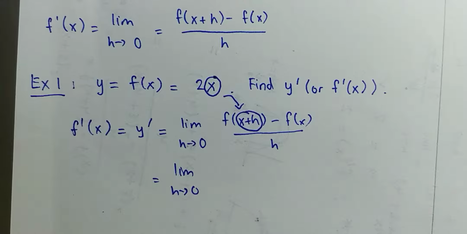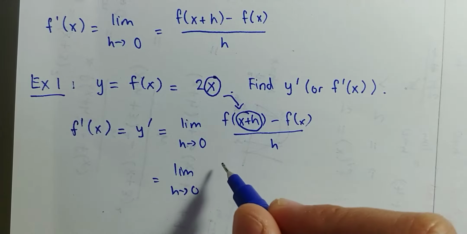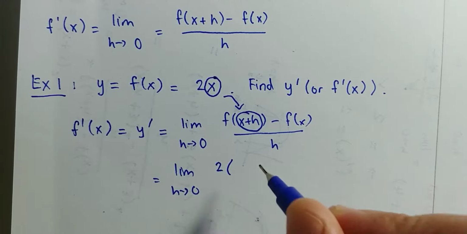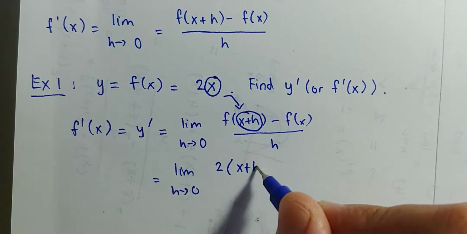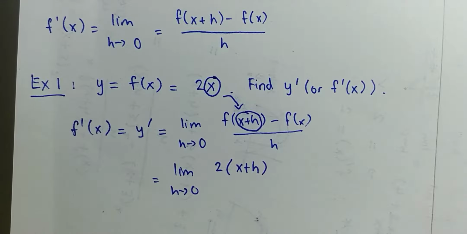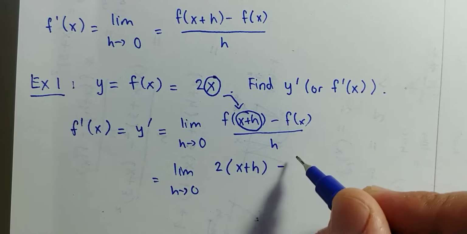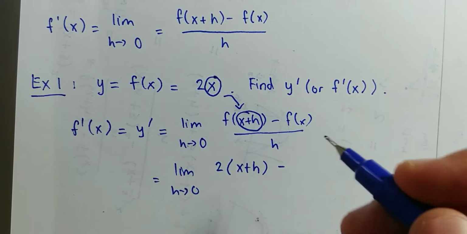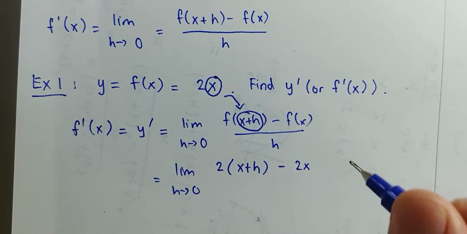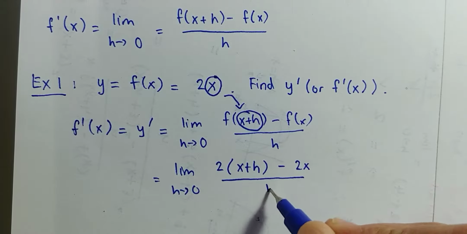So it means 2x will become 2 times x plus h. And my f of x is the same, it's just 2x. So just rewrite that, all over h.